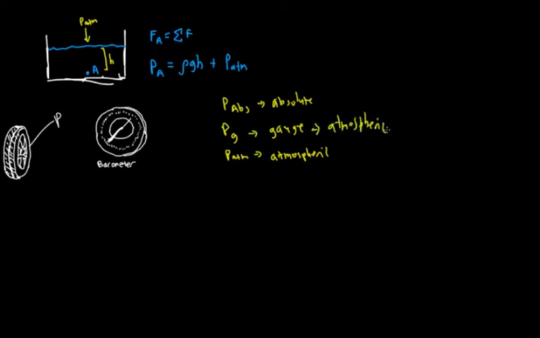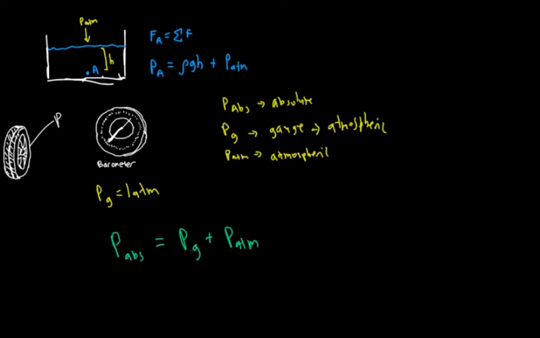So if the gauge pressure reads 1 atm, the total pressure in the system is actually going to be 1 atm plus the atmospheric pressure. Then we have this relation: the total pressure in the system is going to be the P gauge plus the atmospheric pressure, and this is going to be your absolute pressure.